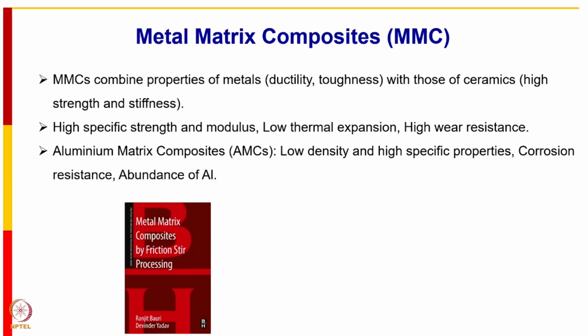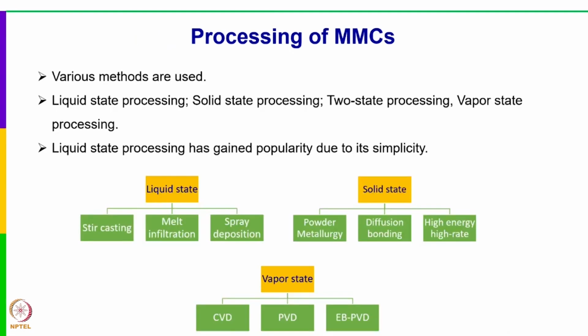So there are various methods available for processing metal matrix composites, including the aluminium based MMCs, and the processing routes can be divided into various categories depending on the state in which it is processed, such as liquid state processing, solid state processing, and vapor state processing.